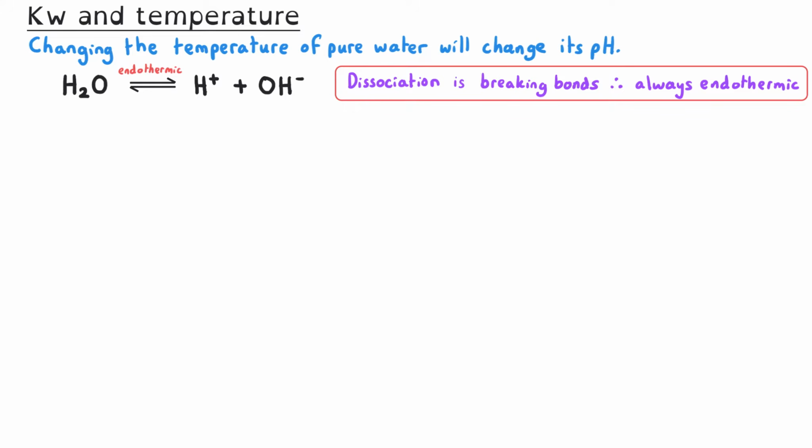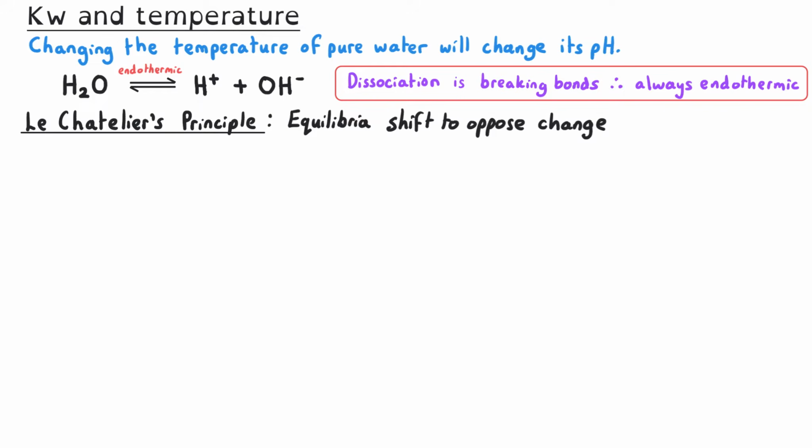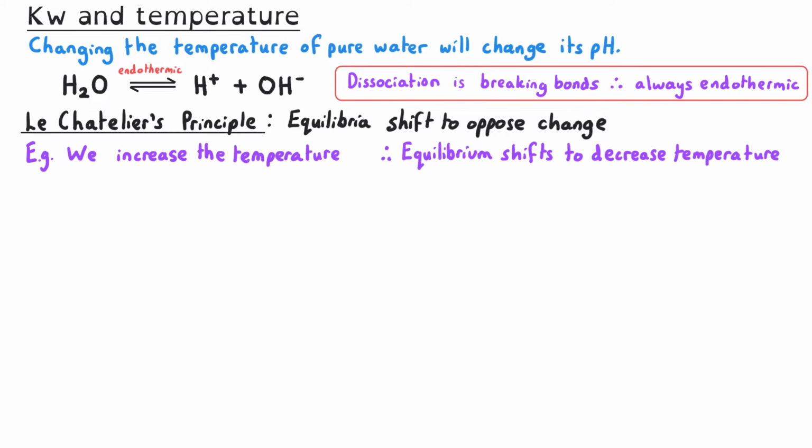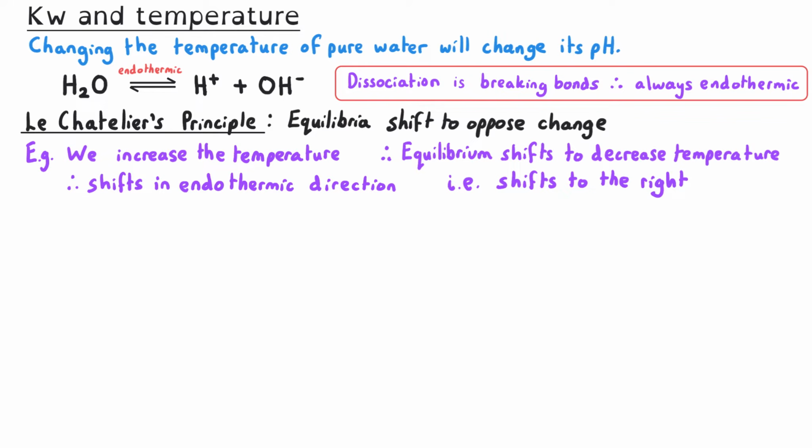And in an equilibrium, if you, for instance, raise the temperature, the equilibrium is going to shift to decrease that temperature. And so that means it will shift in the endothermic direction, which we've just said is to the right-hand side. As a result of this shift, the concentration of hydrogen ions is going to increase. And we know that that means that the pH will decrease. And so you can see that this will have an effect on the hydrogen ion concentration.